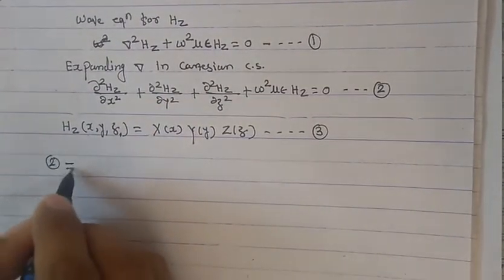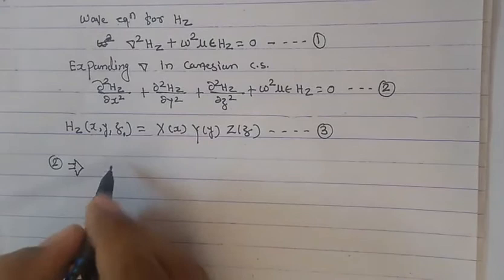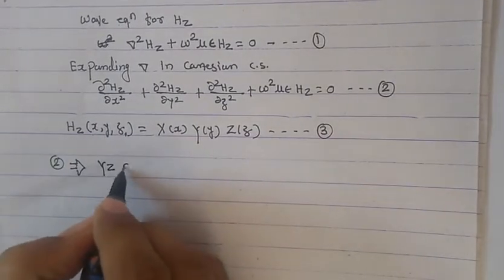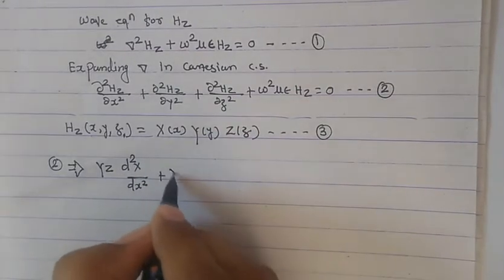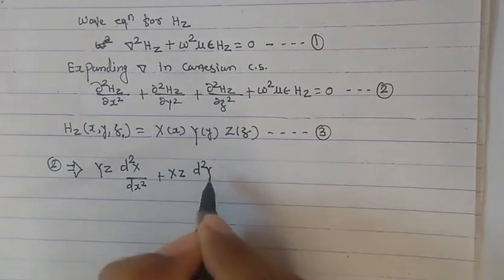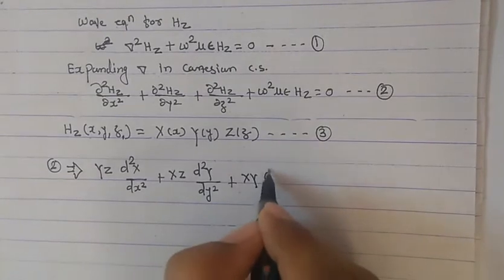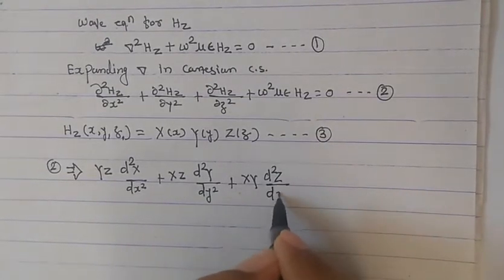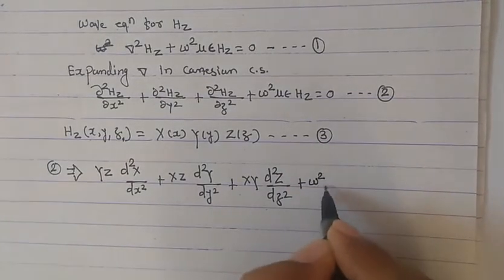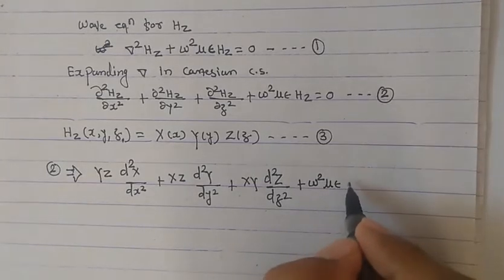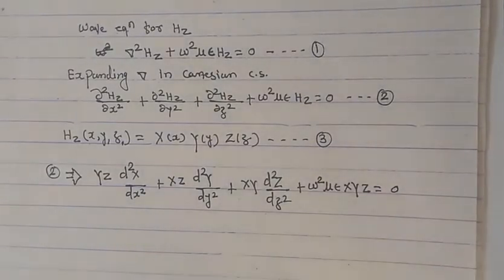Now the next step is to use this solution in equation 2. So equation 2 will become, we have to replace Hz by X Y Z. So it will become YZ d square X by dx square plus XZ d square Y by dy square plus XY d square Z by dz square plus omega square mu epsilon XYZ equal to 0.